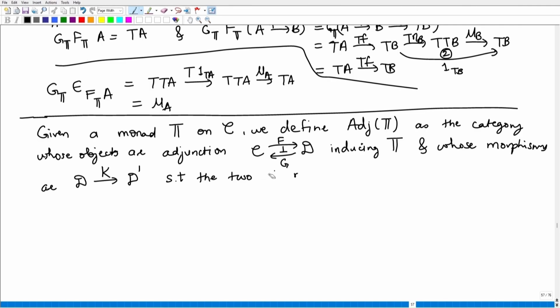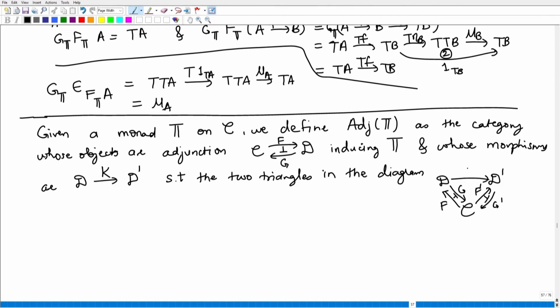That is, the two triangles in the diagram, let me write them properly. So this is C, then this is D prime. So C to D there is F, then there is G, then there is F prime, there is G prime. This is a left adjoint, this is a left adjoint.